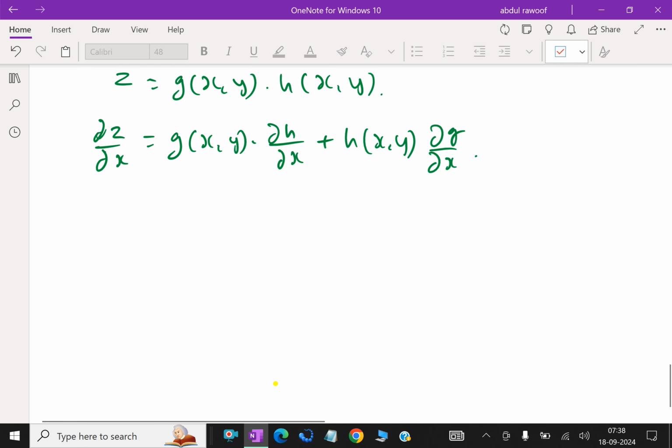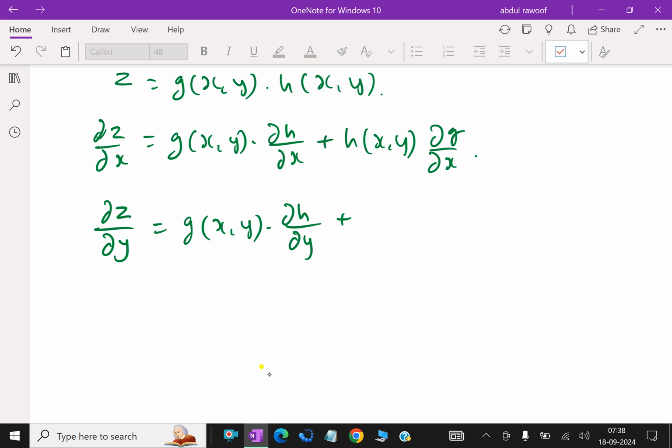Then second, dou z by dou y is equal to g of x comma y into dou h by dou y plus h of x comma y, then dou g with respect to dou y.